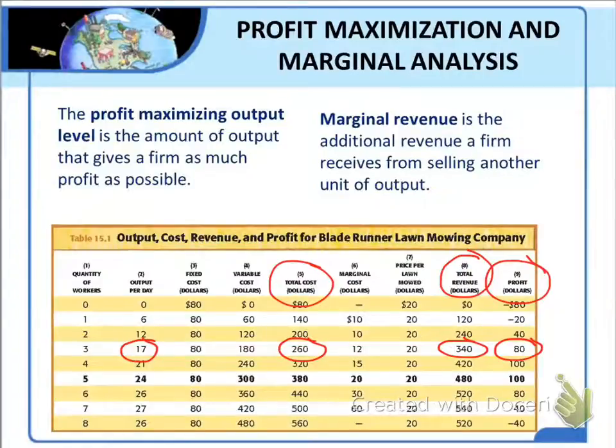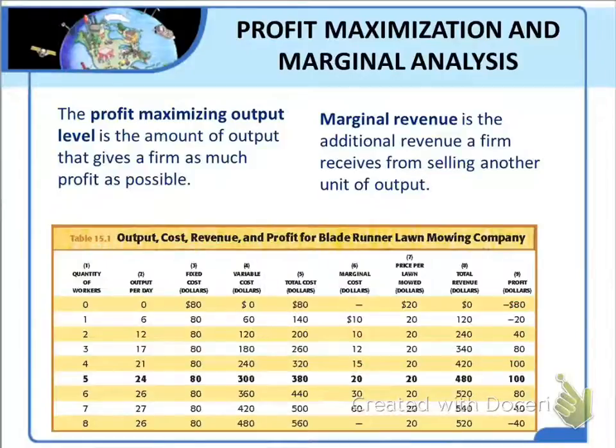Once the profit is calculated for each output level, we can now find the profit maximizing output level, or levels, very easily. If you run your finger down column 9, right here, you'll see that the profit increases up to a quantity of 21 lawns, right here. And it remains the same for 24 lawns. It's 100 at 21 and 24 lawns. And then it decreases for higher quantities of lawns.